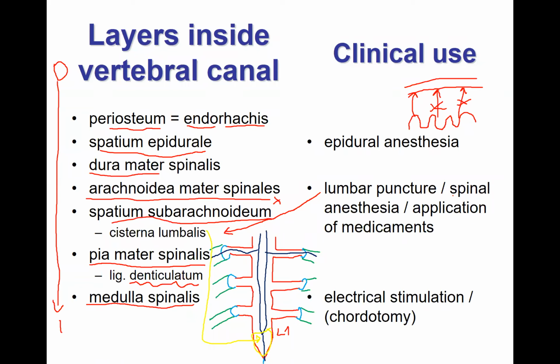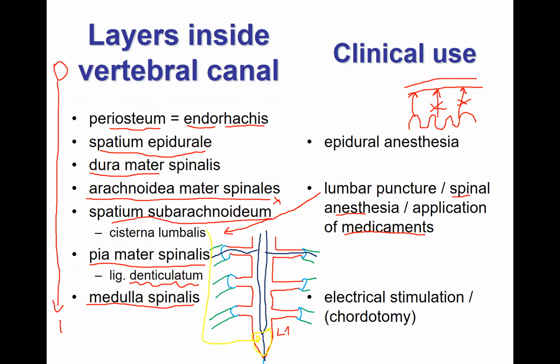Or we can administer here some medicaments, usually medicaments against cancer or against pain, chronic pain. And during operation, we can administer here anesthesia, so-called spinal anesthesia. So you have three reasons why to open this space.